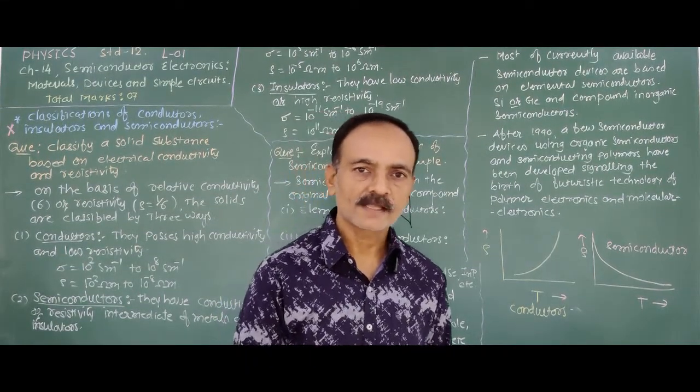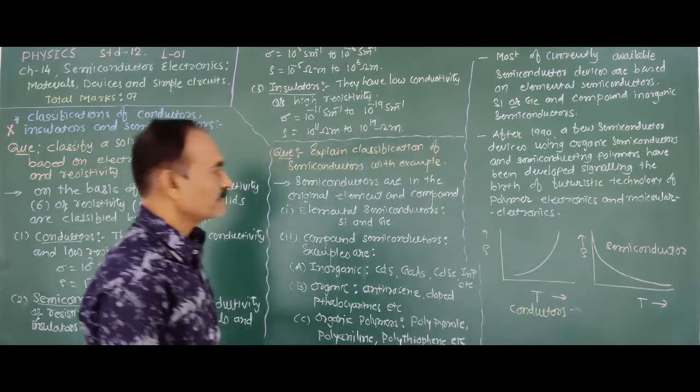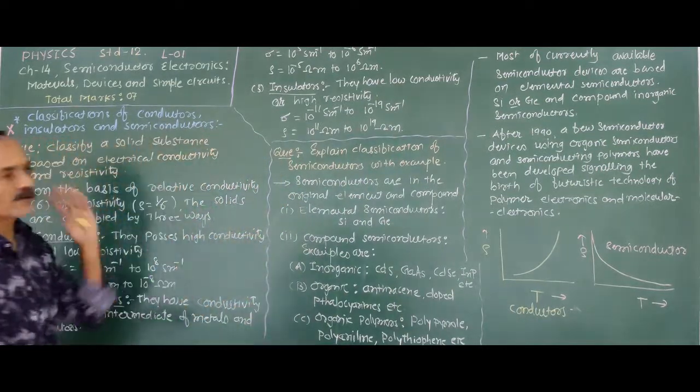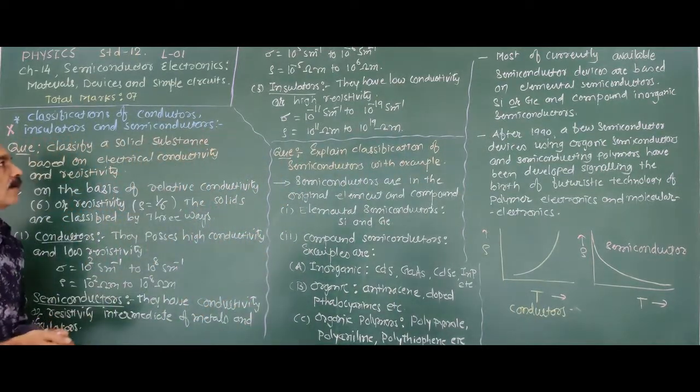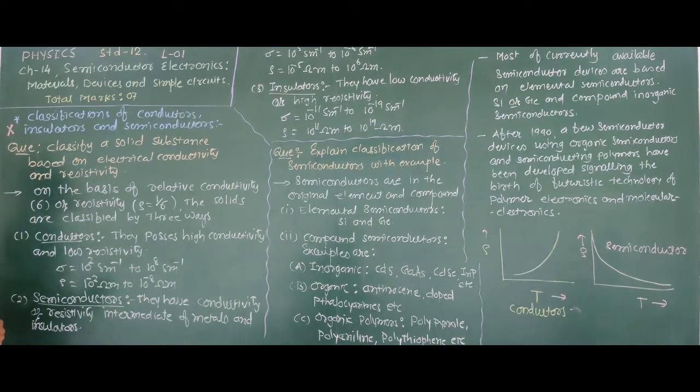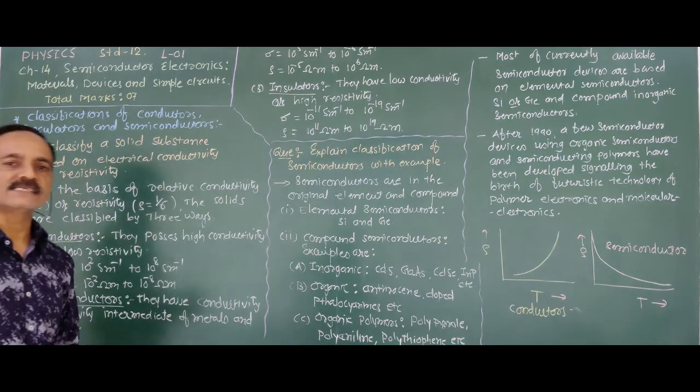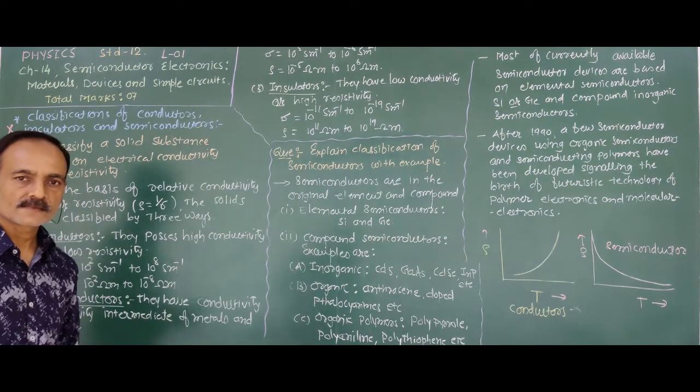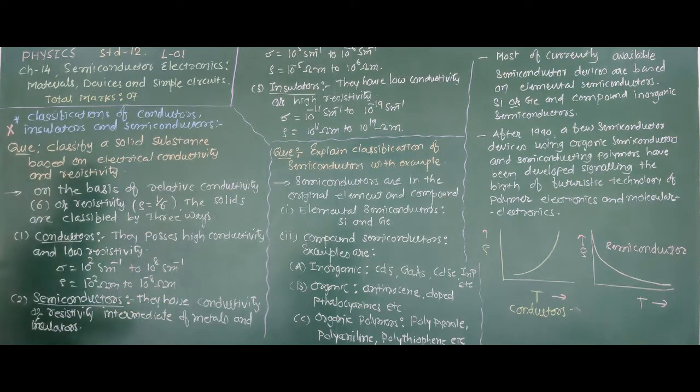Clear this thing? So for that purpose, first we start our discussion about the classification of conductor, insulator and semiconductor on the basis of the value of conductivity and resistivity. This is only for our base for understanding.